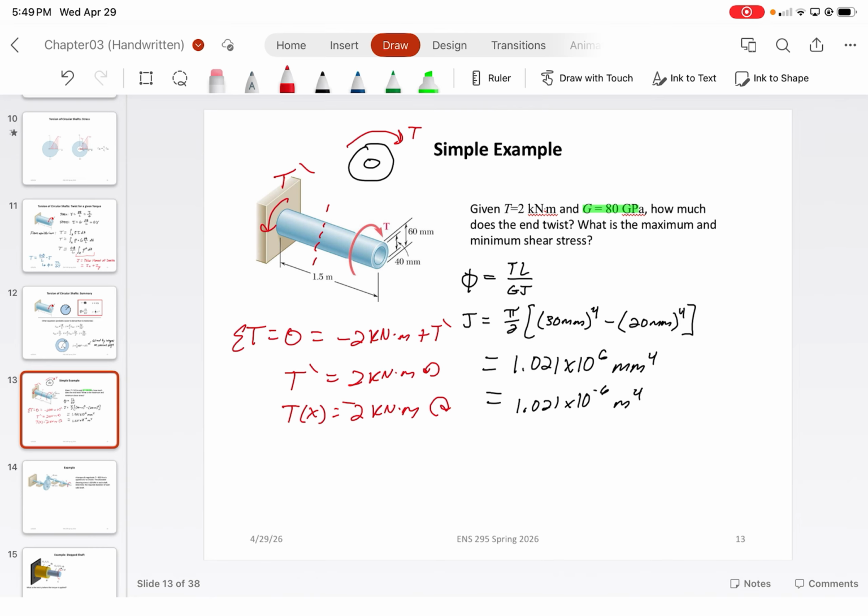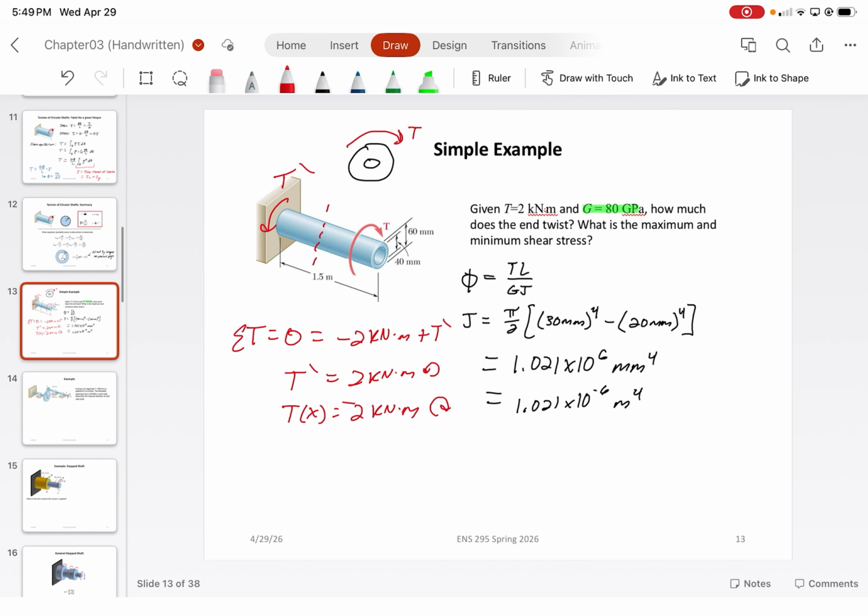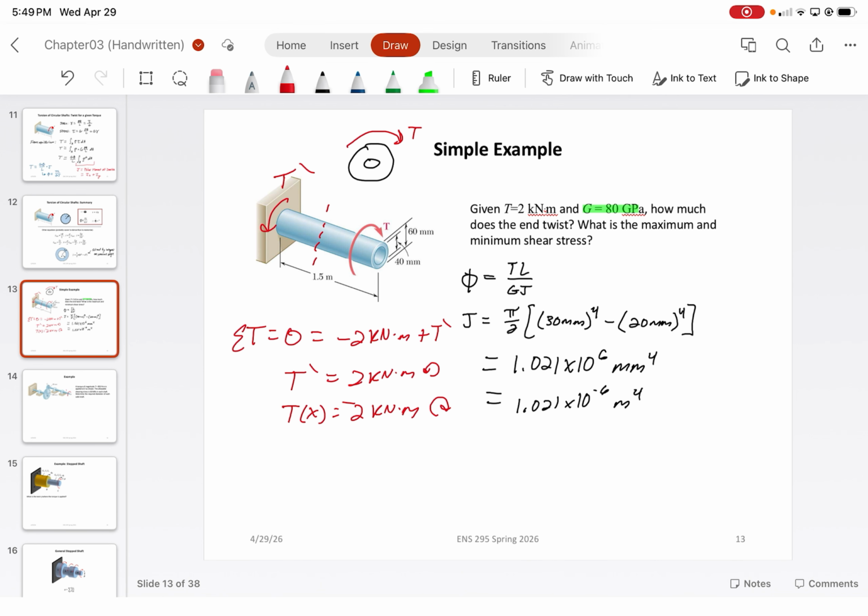That's pretty straightforward since this torque was already applied at the end. The only reason why I'm making a note of it now is because once we start getting into stepped shafts, you need to know how to keep track of which direction each shaft is going to try and rotate. So our internal torque is -2 kilonewton meters, or technically 2 kilonewton meters trying to move clockwise.